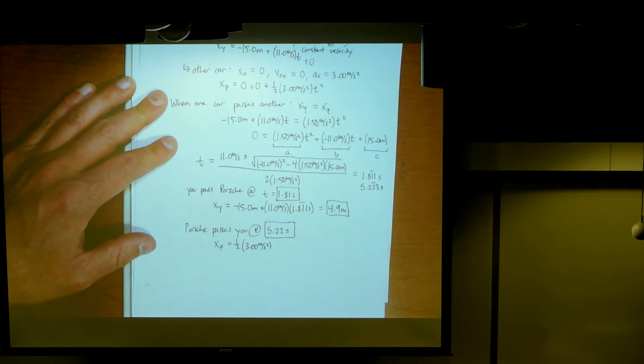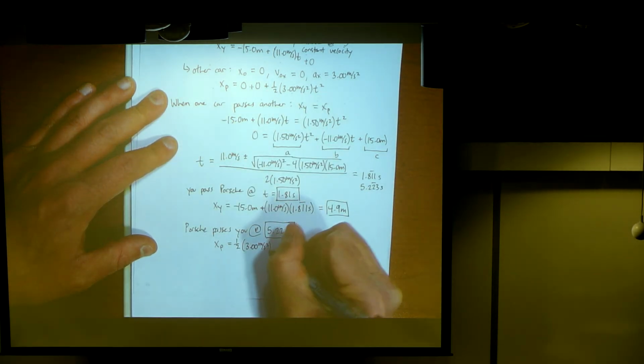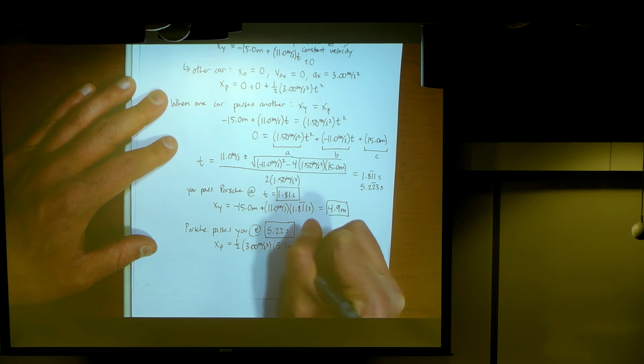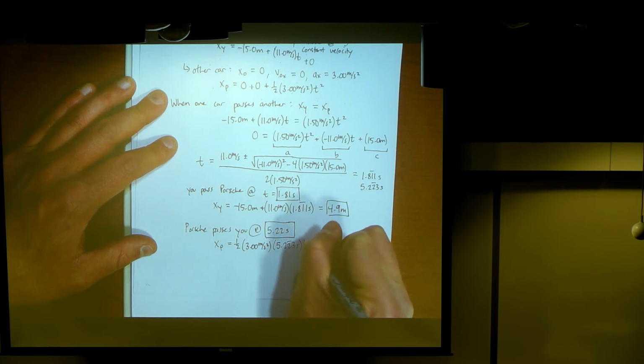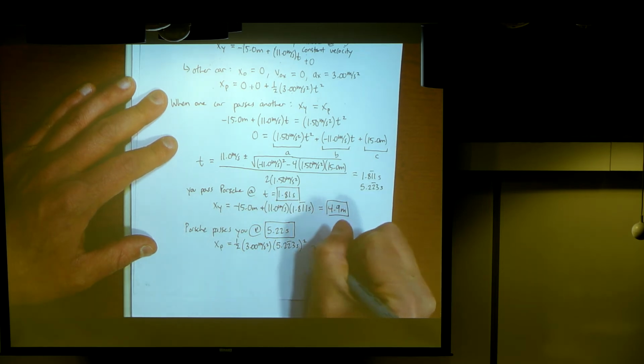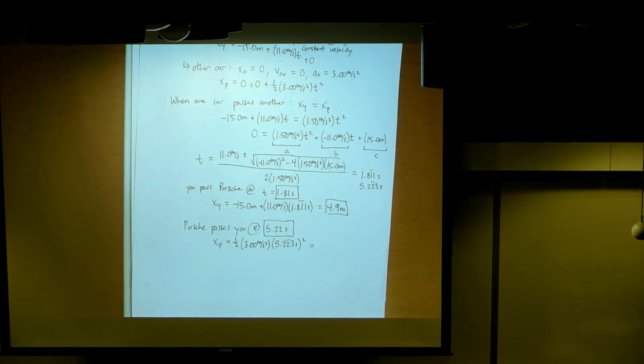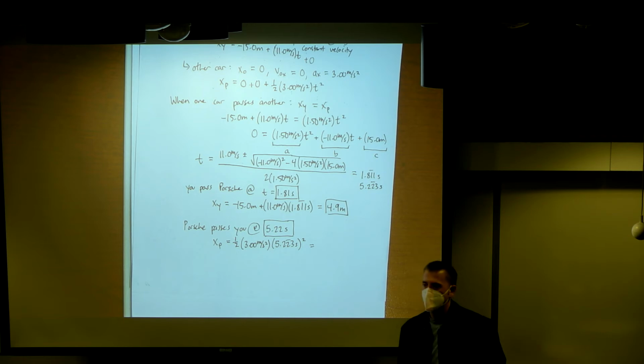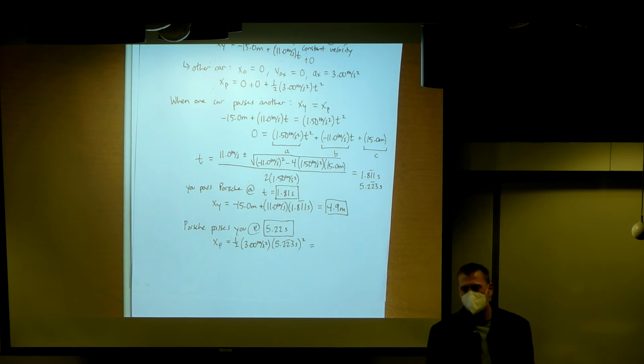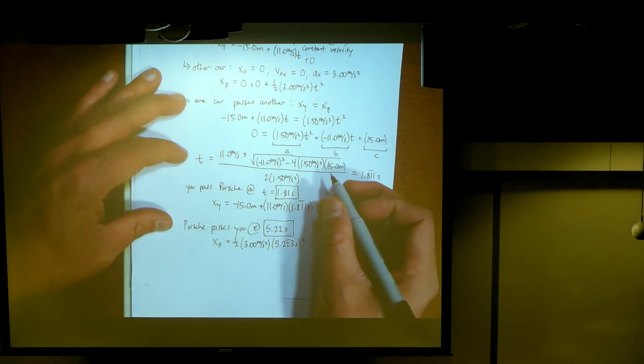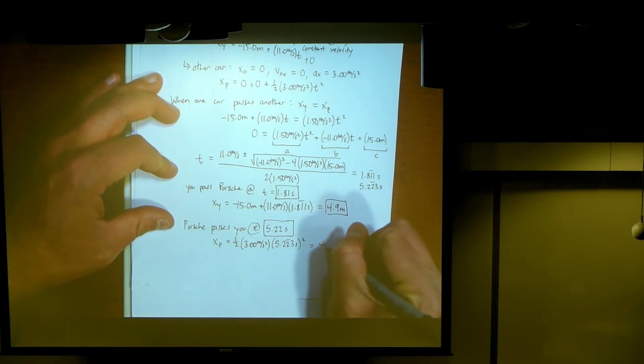And then we're putting in the time of 5.223 seconds, and we're squaring that time. And what does this work out to, everybody? Yeah, so it's like 45.8 meters, right?